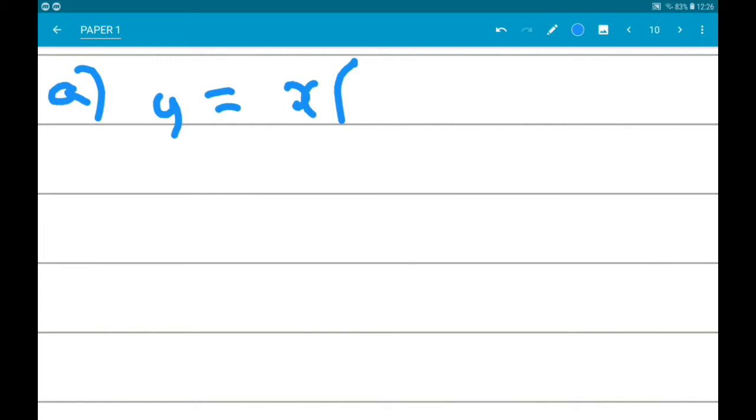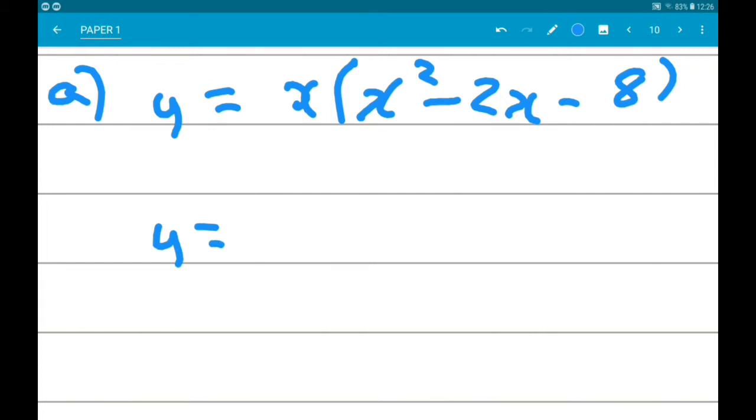So that's x squared minus 2x minus 8. So y is x cubed minus 2x squared minus 8x.